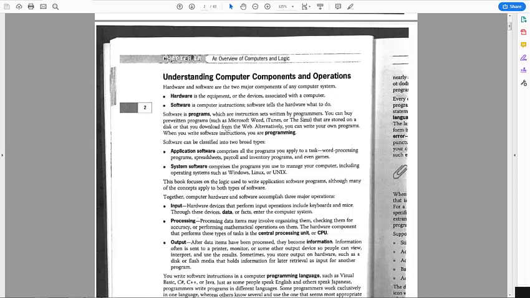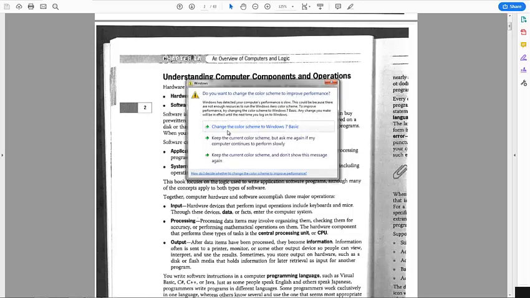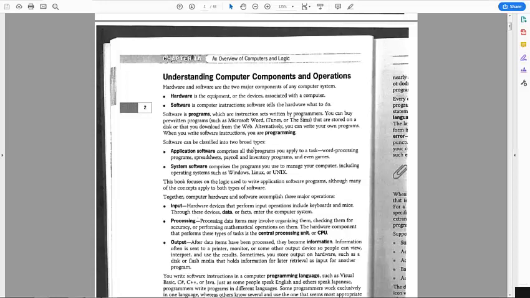So for one of the test questions I wrote, for example, I'll read you an actual test question for software. The question could be something along the lines of, excuse me, my computer just pooped out on me. There we go. Computer program, also known as blank. Choice A, data; B, hardware; C, software; D, information. As you can see, software is a computer instruction.